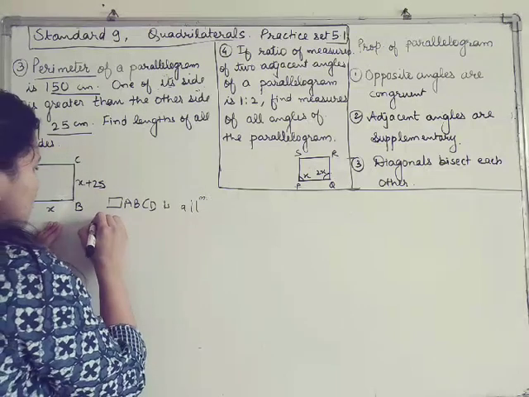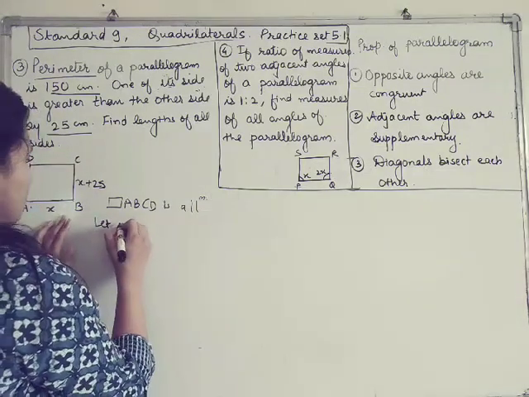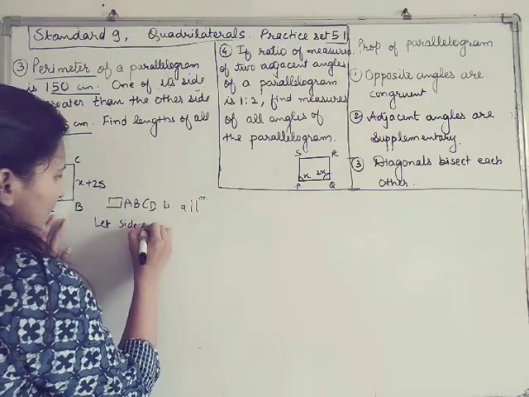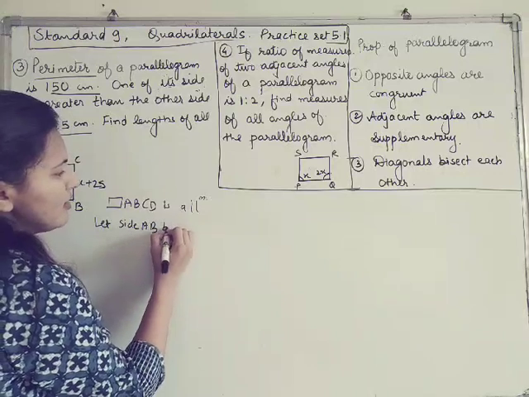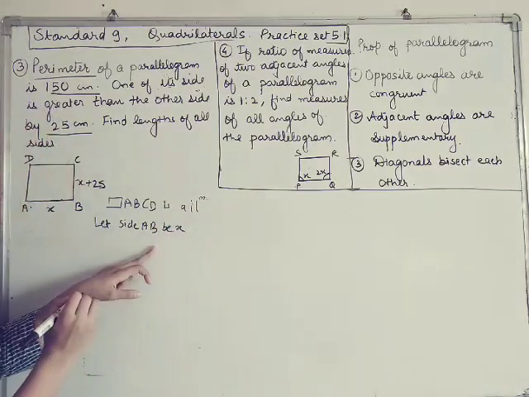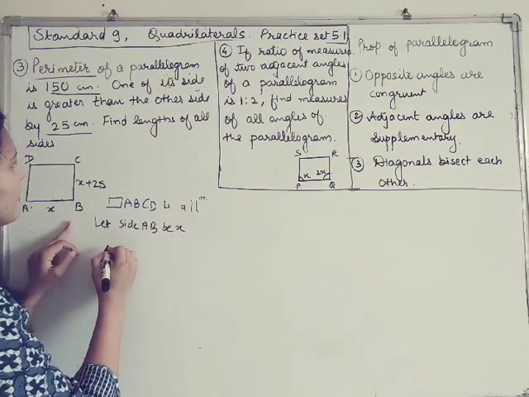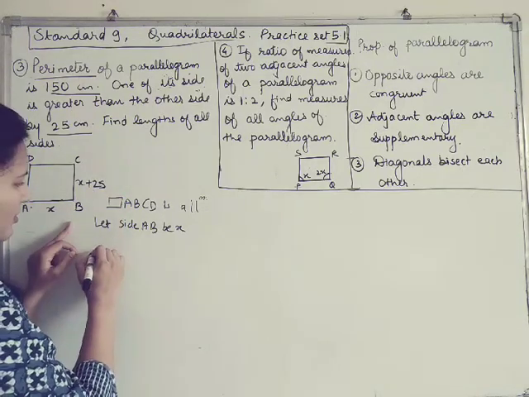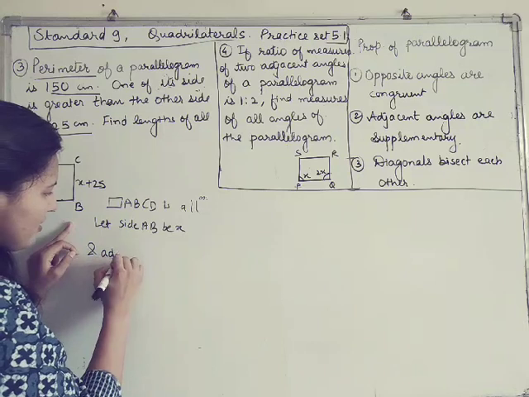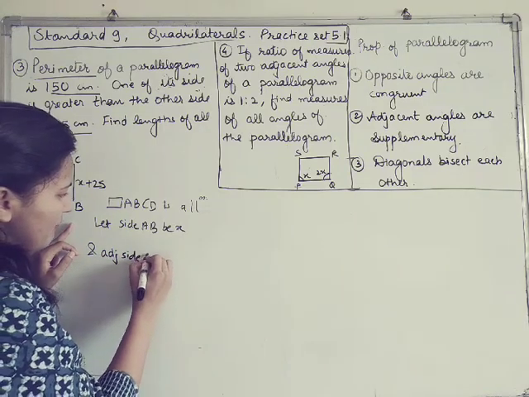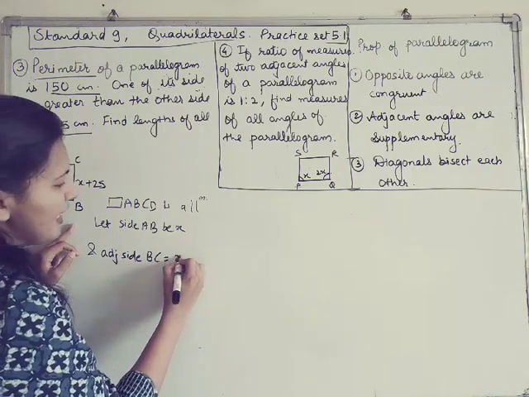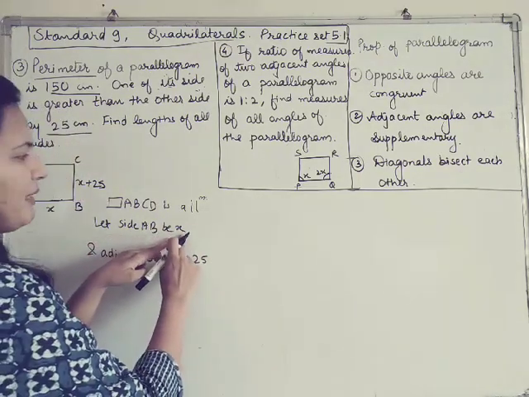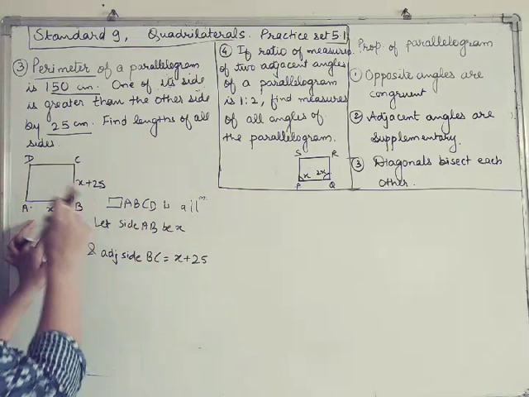Here we are going to use one property, that opposite sides of a parallelogram are congruent. So let side AB be X. The adjacent side BC is X plus 25. So if side AB is X, which is the opposite side?